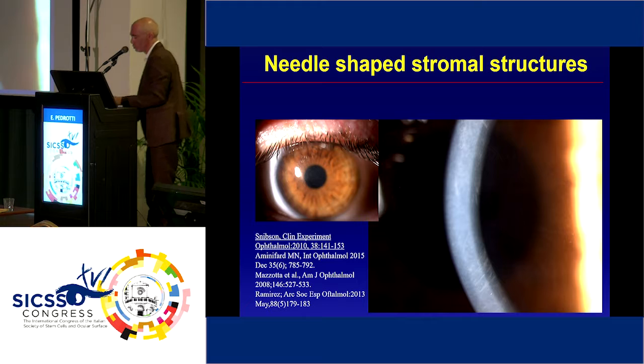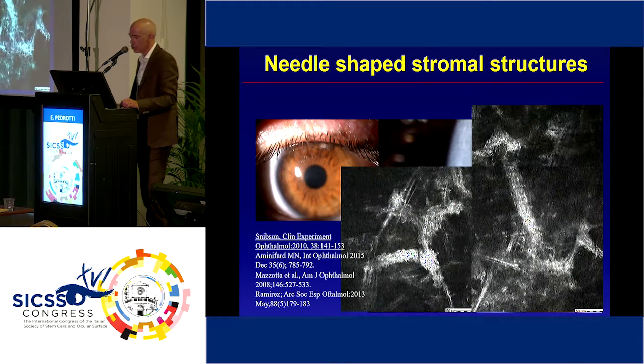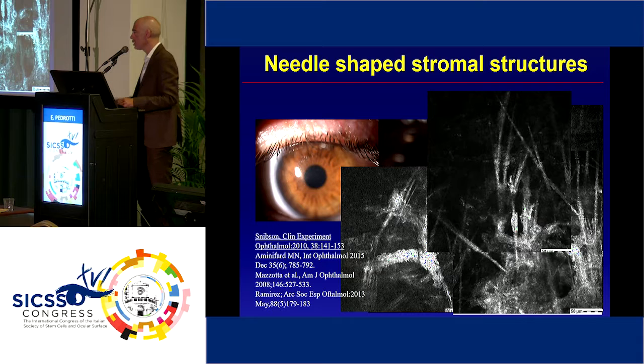At confocal microscopy, immediately after treatment, we see the needle-like structures that we often observe at the slit lamp. These are signs of effective cross-linking. Normally, these needle-shaped structures, we do not know exactly what they are. Mazzotta hypothesizes there is a new deposition of collagen stria.